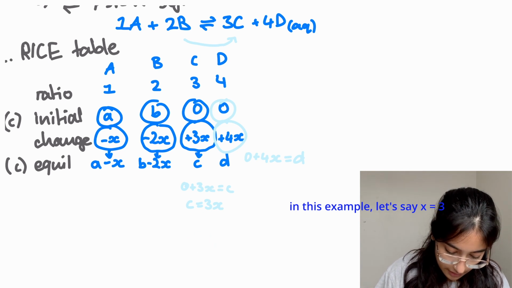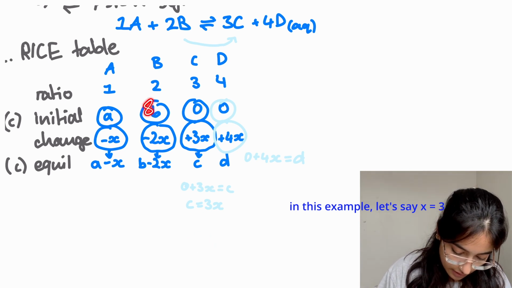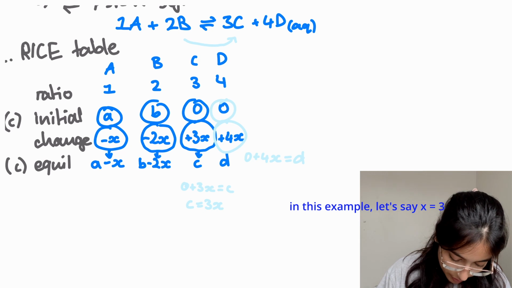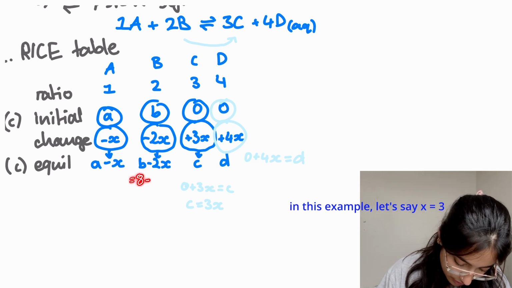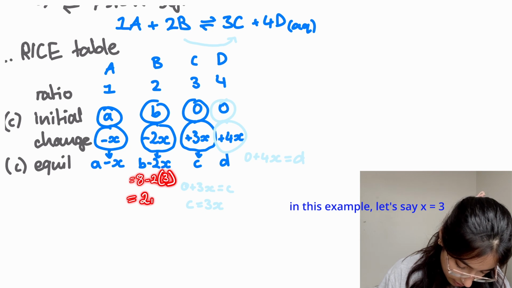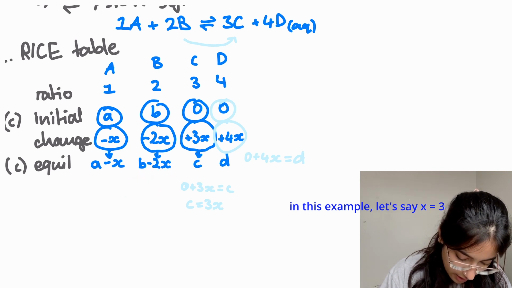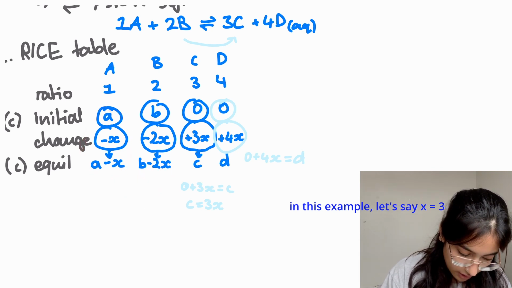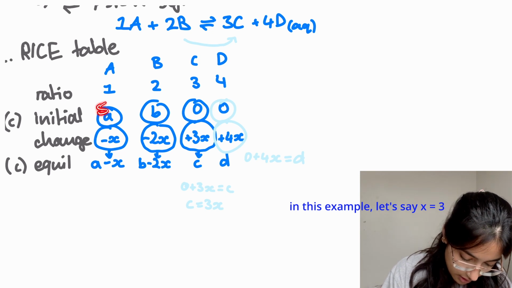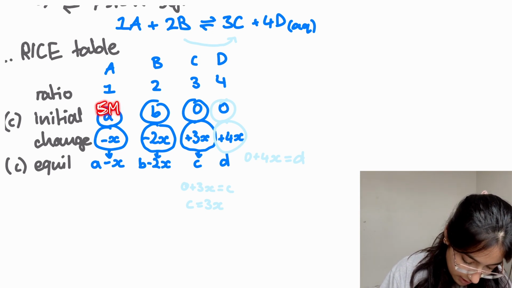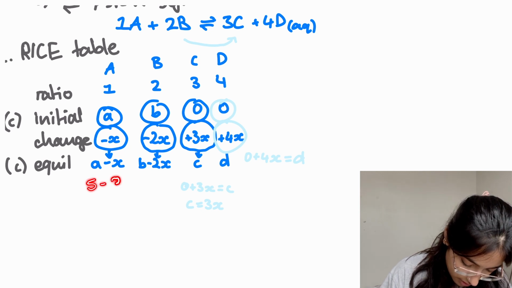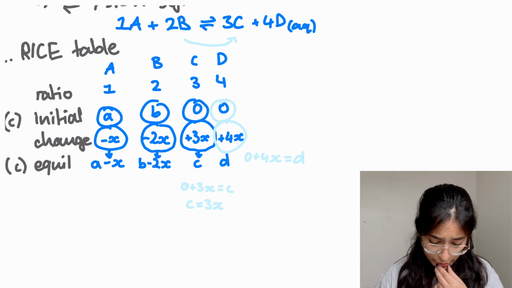Let's say B is 8, then we do some simple algebra: 8 minus 2 times 3 gives us 2. That would be our concentration at equilibrium. And for this one, let's say the initial concentration was 5. Again, simple algebra: 5 minus 3 gives us 2. That's basically how this works.